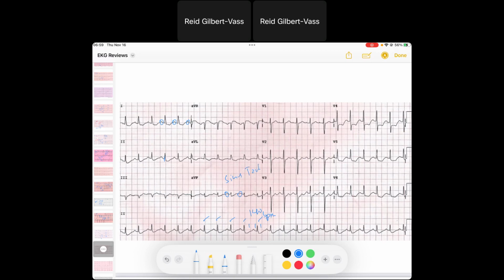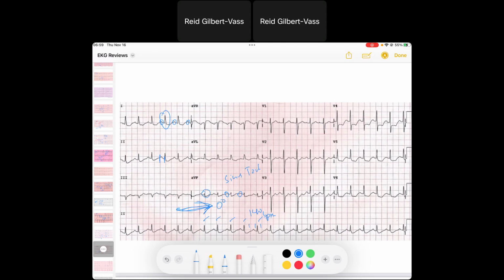We've got a PR interval right at the upper limit of normal. We've got narrow QRSs, but they're upright in lead 1, and they are isoelectric in AVF. So this is probably a 0-degree QRS axis.